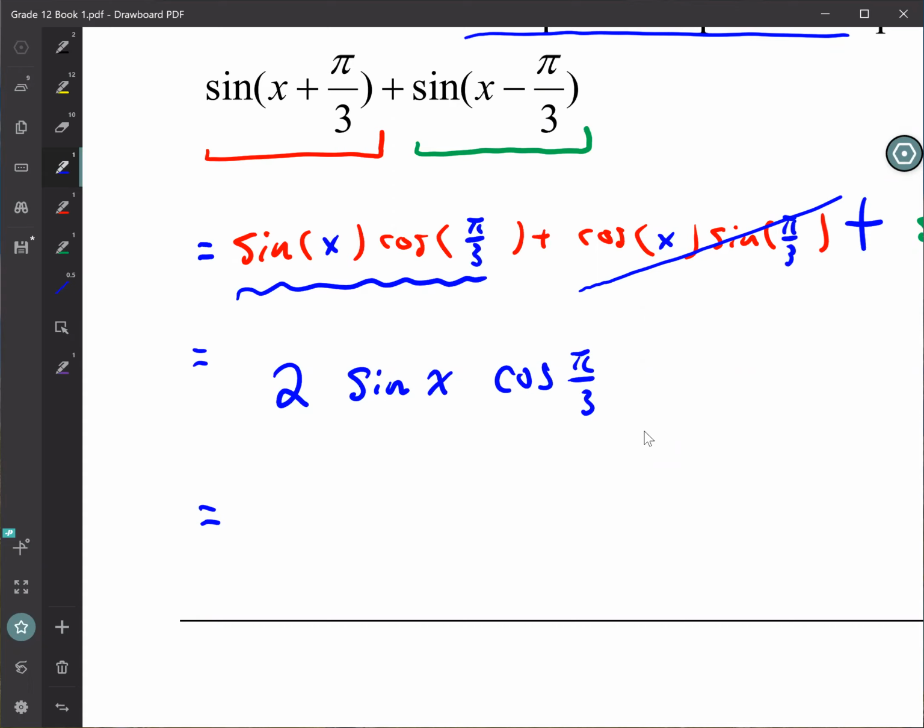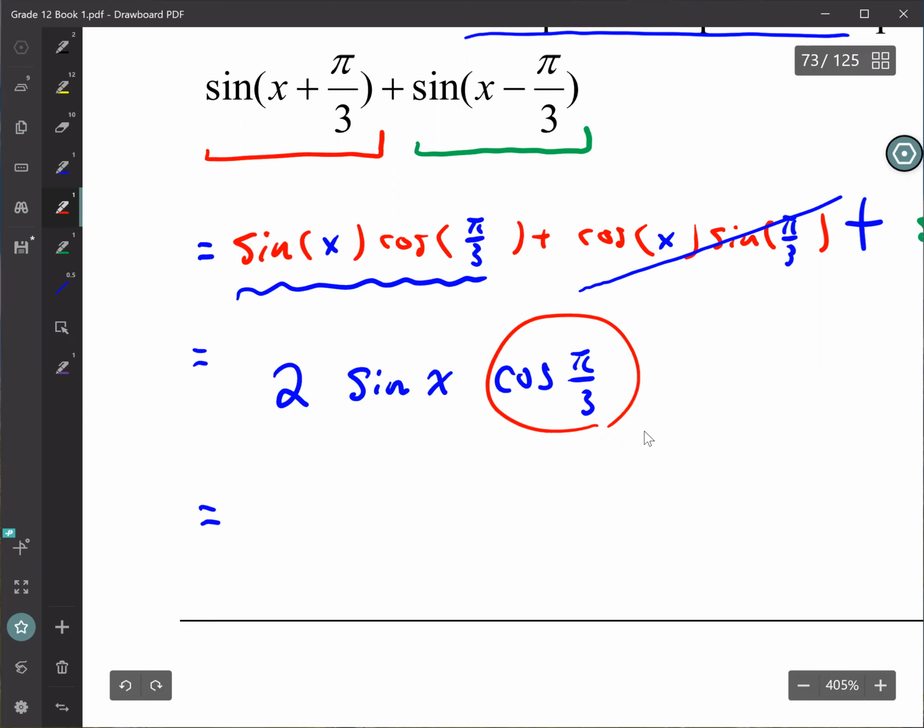Really? Nobody? Do you do cosine and then pi over 3? Cosine pi over 3. Can we do something with cosine pi over 3? Did we learn anything about finding cosine pi over 3? Did we? Yeah, right?